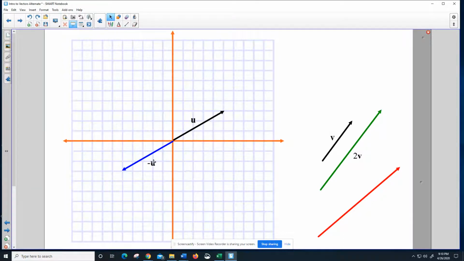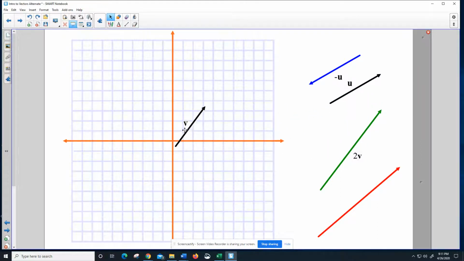Okay, so let's now take a look at the idea of scalar multiplication. So say I take a vector v. Okay, so in this particular example, this looks to be the vector 3, 4. Okay, could be the vector 6, 8. All depends on the scale of my Cartesian plane. So let's take a look at the vector 2 times v. And you can imagine something very similar for 3 times v or 4 times v.